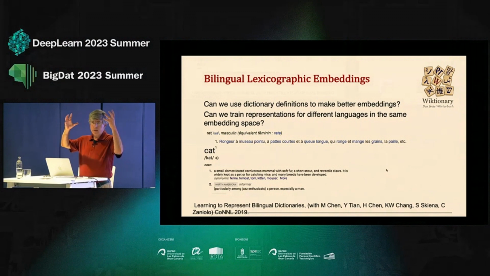If I had English warped to Norwegian, and I wanted to find what the word for cat is in Norwegian, how would I do it? I would look to see where in this embedding the English word for cat is, and find the nearest Norwegian word, and that's a good candidate to be the word for cat.